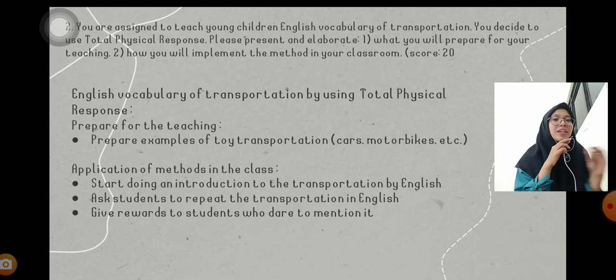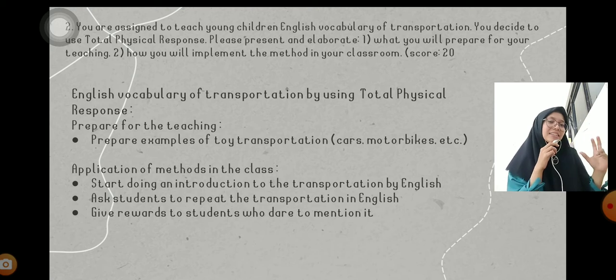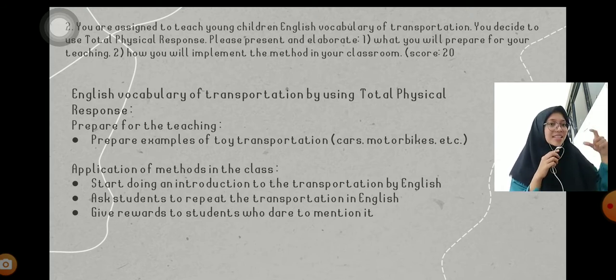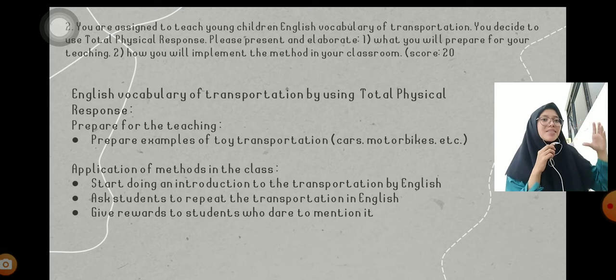After we prepare the example toys, we must start doing an introduction to the transportation in English. For example, this is a car, by using English language, as this is a car, or this is a bus, or this is a bicycle.